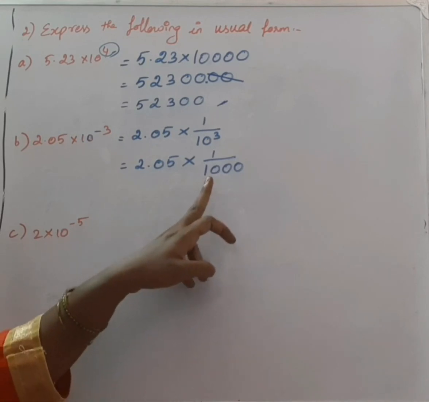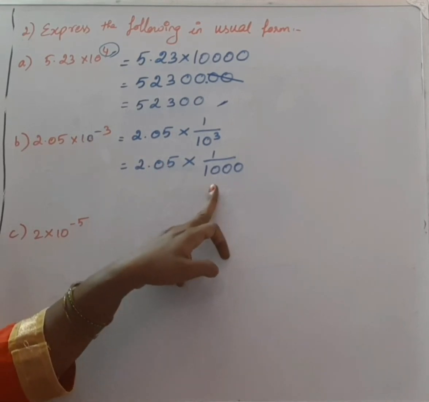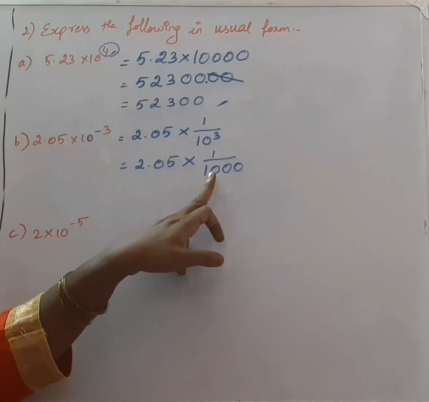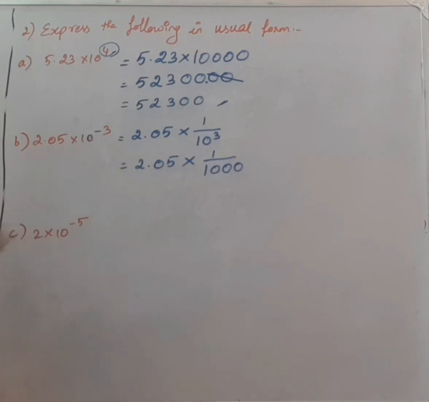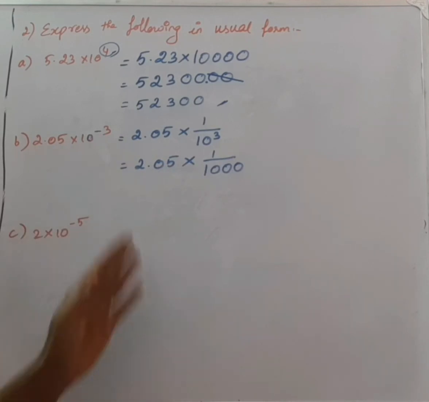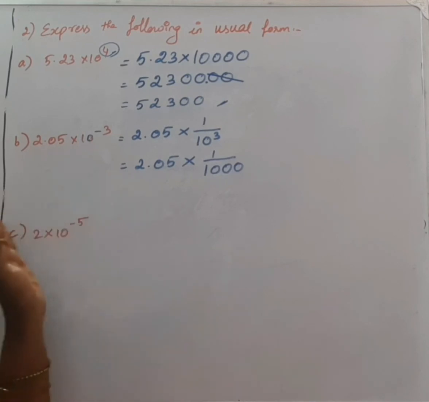If we divide our number by 1000, how many zeros do we have? 1, 2, 3. That means we want to put a decimal: from the left hand side we want to count 3 digits and put a decimal place.